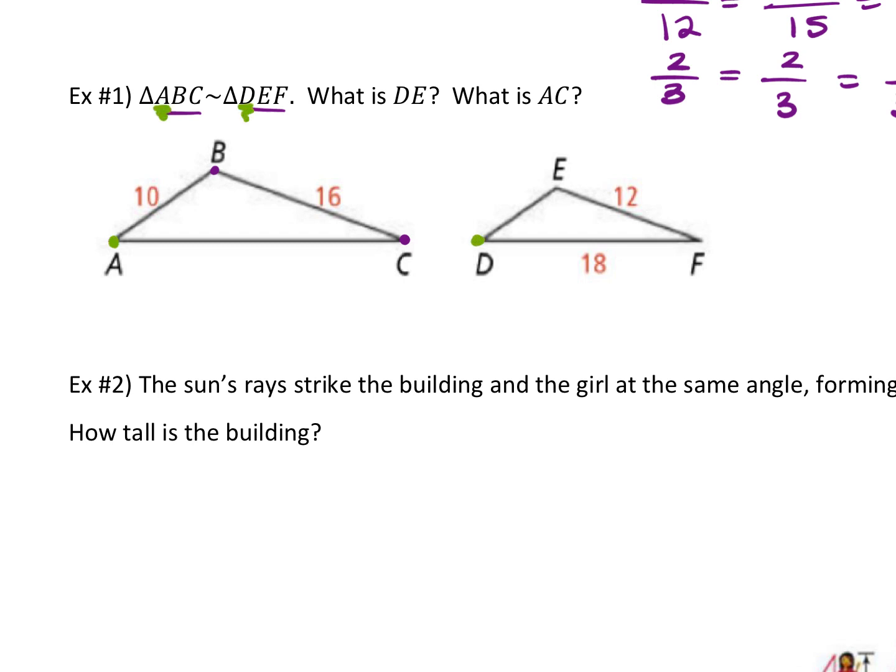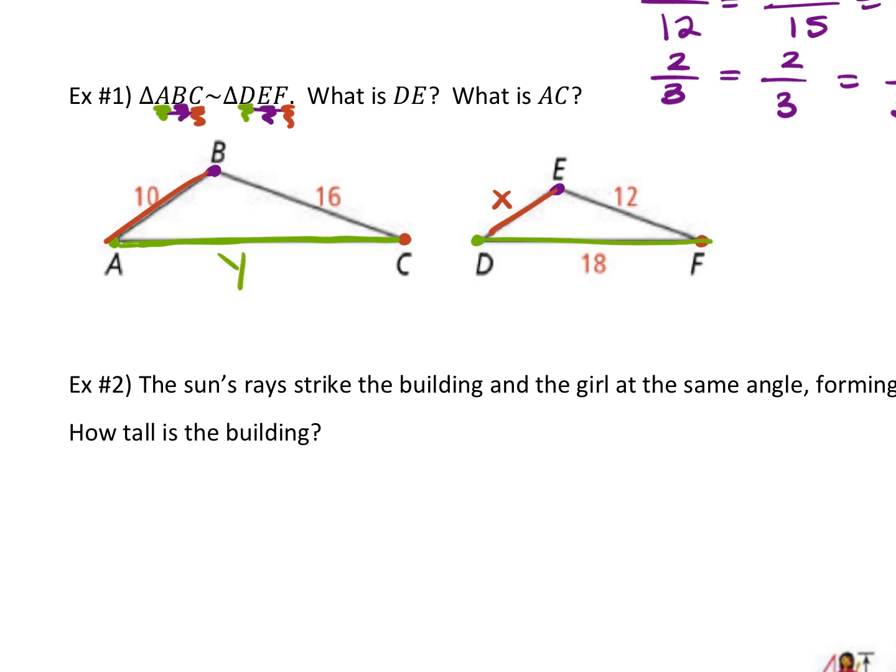It means B corresponds to E, and it means C corresponds to F. Okay, those pieces match up, which means the 10 corresponds to this unknown. I'm going to call it X. Okay, it means this AC corresponds to what? DF, the 18. Okay, I'm going to call that Y for now.